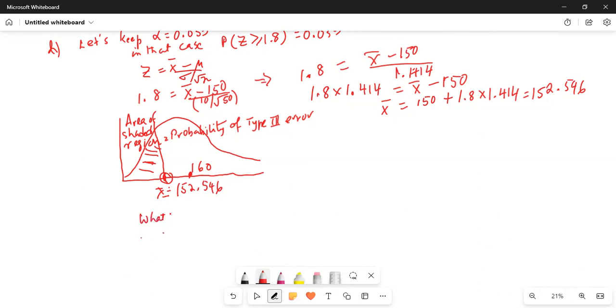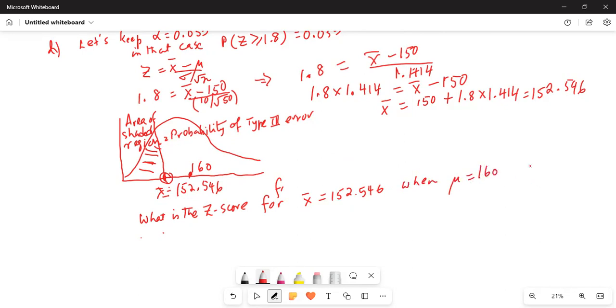what is the Z score for X bar equal to 152.546 when mu is equal to 160?